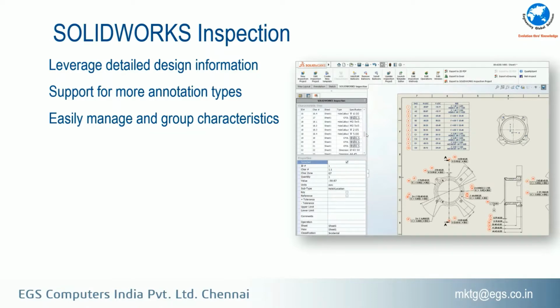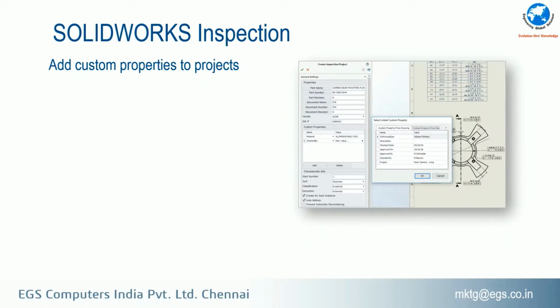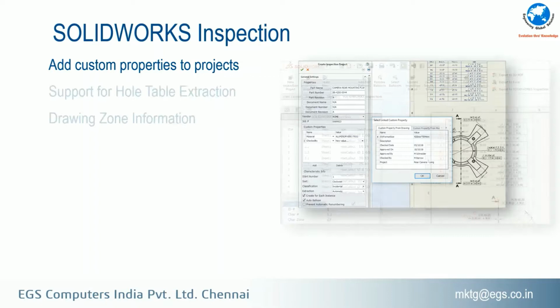If you provide specific GD&T or hole dimensions, it can capture all those annotation types, and you can easily group or ungroup your dimensions by managing the geometric tolerance and group dimensions. It can also add custom properties from your SOLIDWORKS part file. If you provide custom properties while creating the SOLIDWORKS drawing, it captures them and puts them inside your first article inspection report.